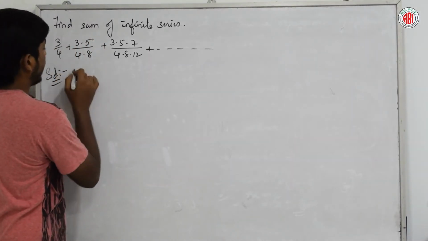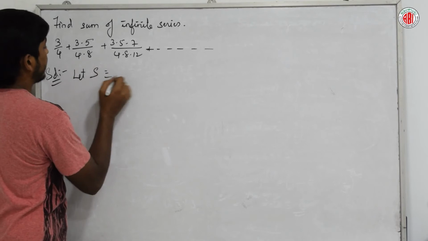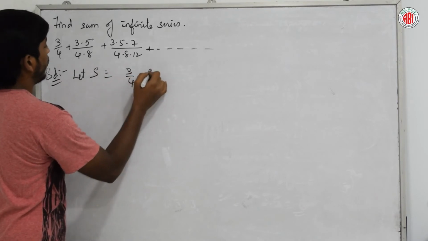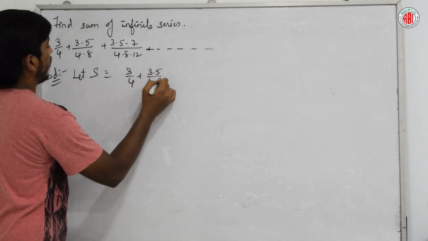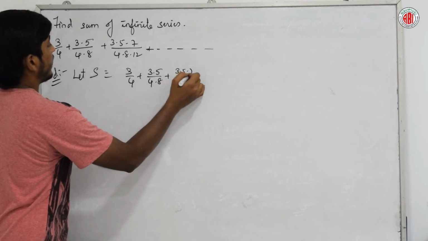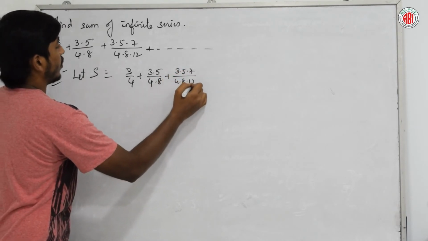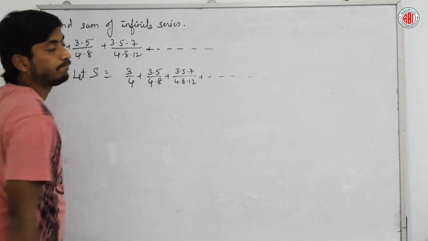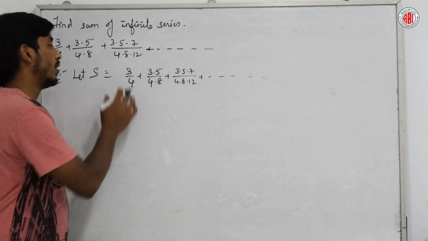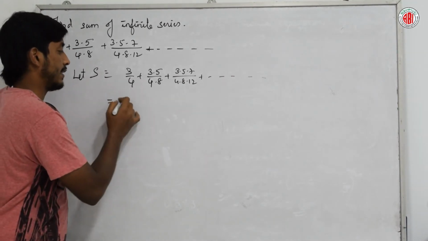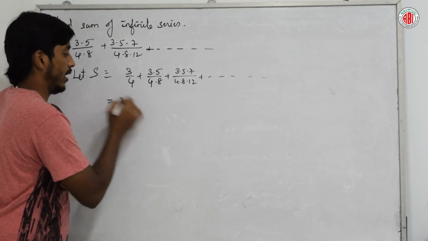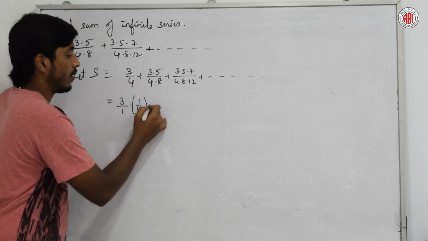Now just see here, let S be 3 by 4, 3 into 5 by 4 into 8 plus 3, 5, 7 by 4, 8, 12 plus and so on. Clear? So now let us write it as 3 by 1 into 1 by 4.